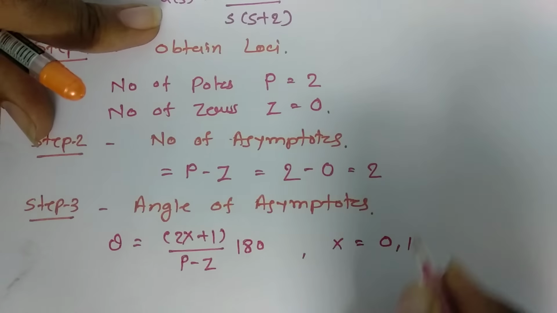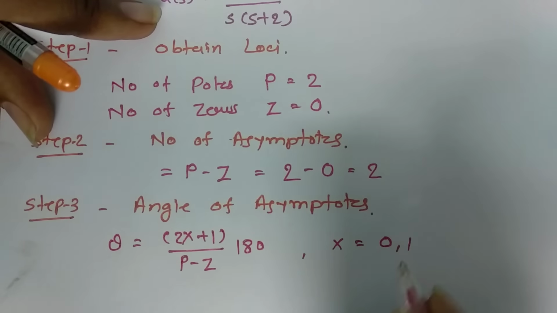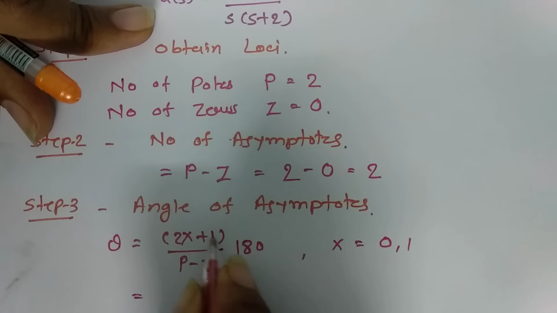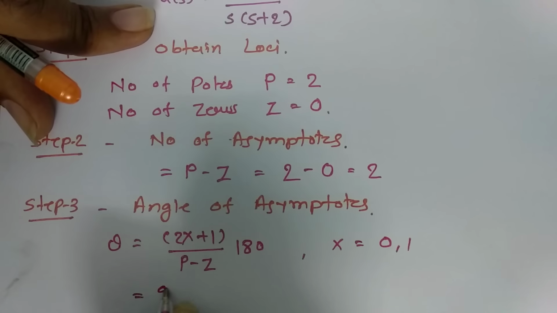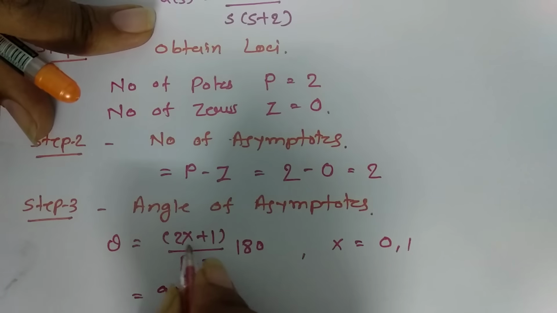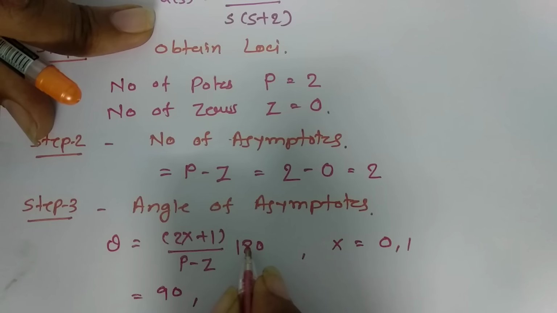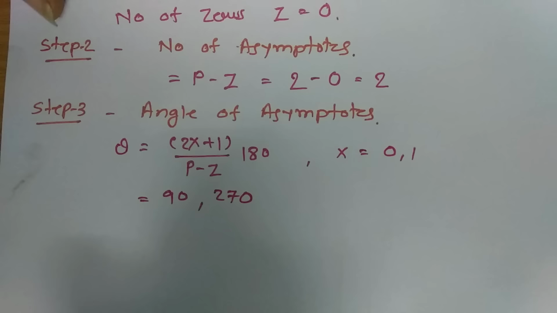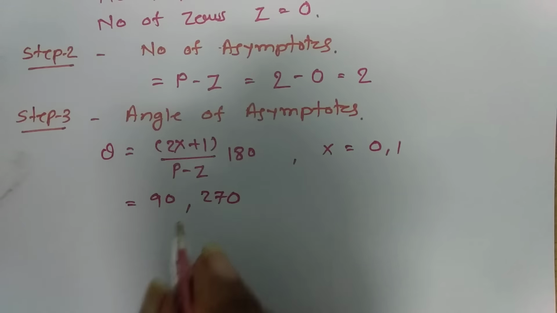The reason is the number of asymptotes is 2. If I place x equal to 0, this will be 1 into 180 divided by 2, so that will be 90. And if I place x equal to 1, then this will be 2 plus 1, 3 into 180 divided by 2, so that will be 270. So the angles of asymptotes are 90 and 270.